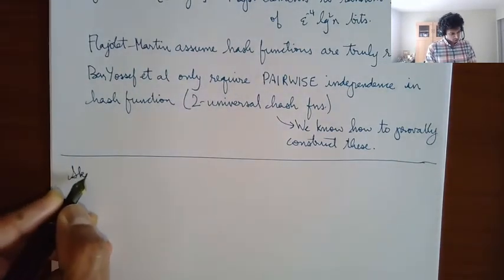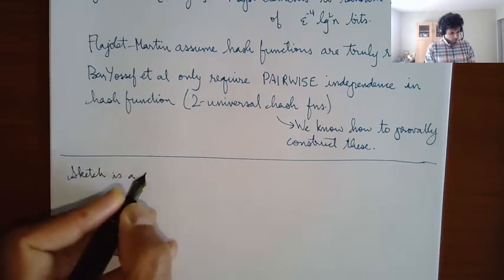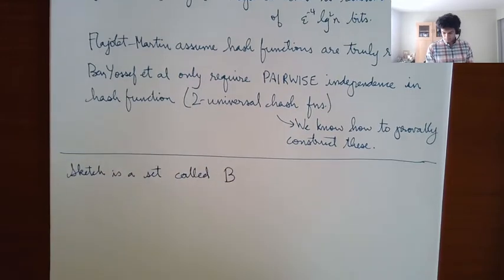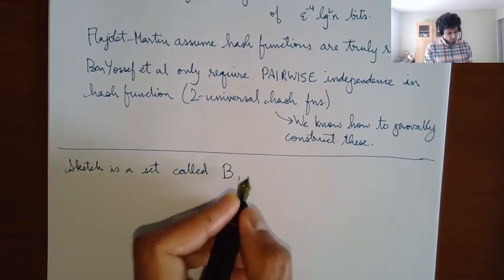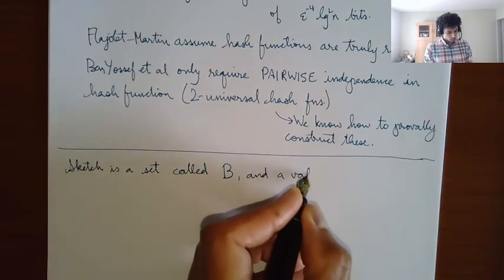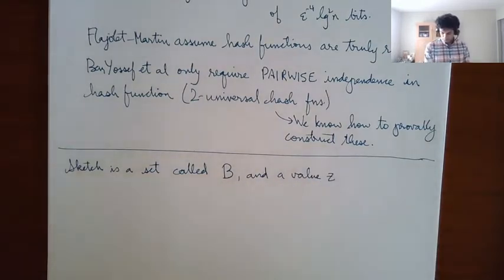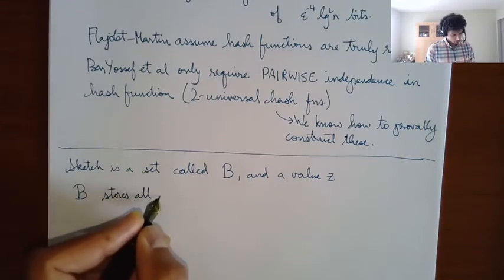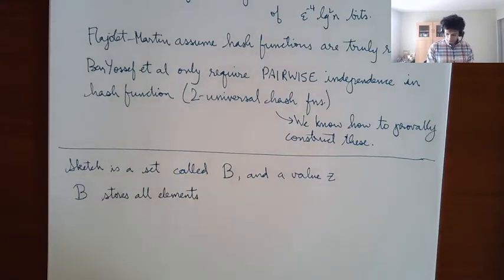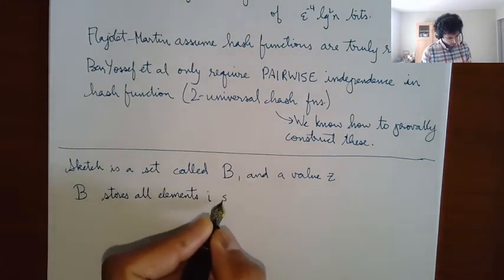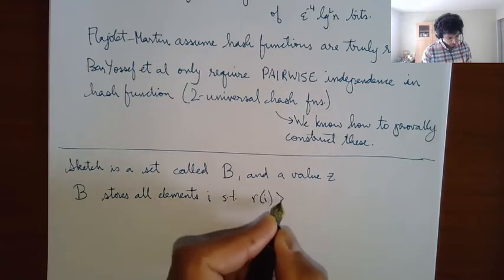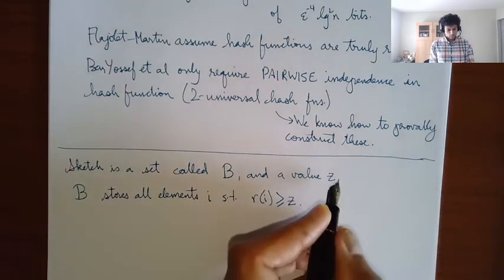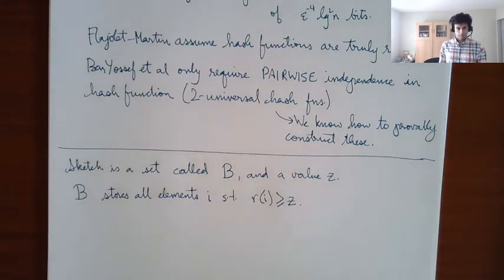Now the sketch is a set called B and a value Z as before, and B stores all elements I such that R of I is greater than Z. The Z is very similar to the Z that we had before.